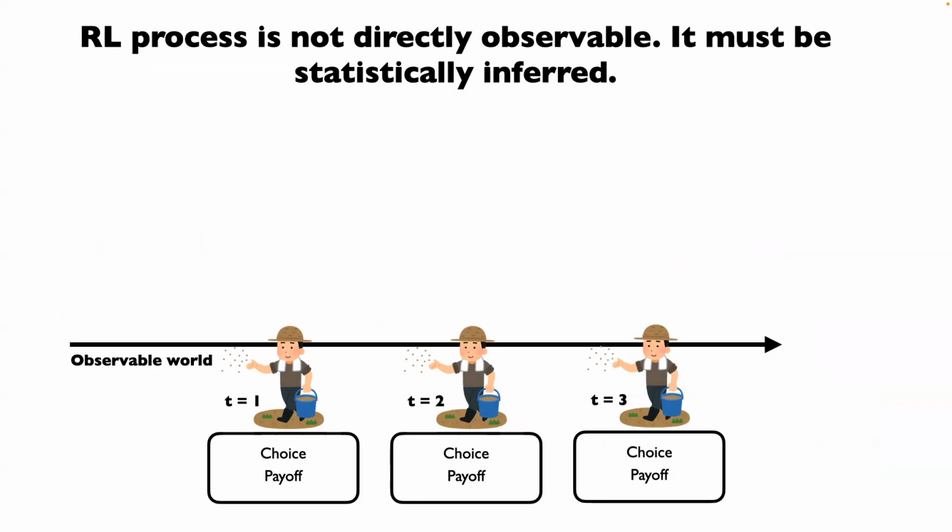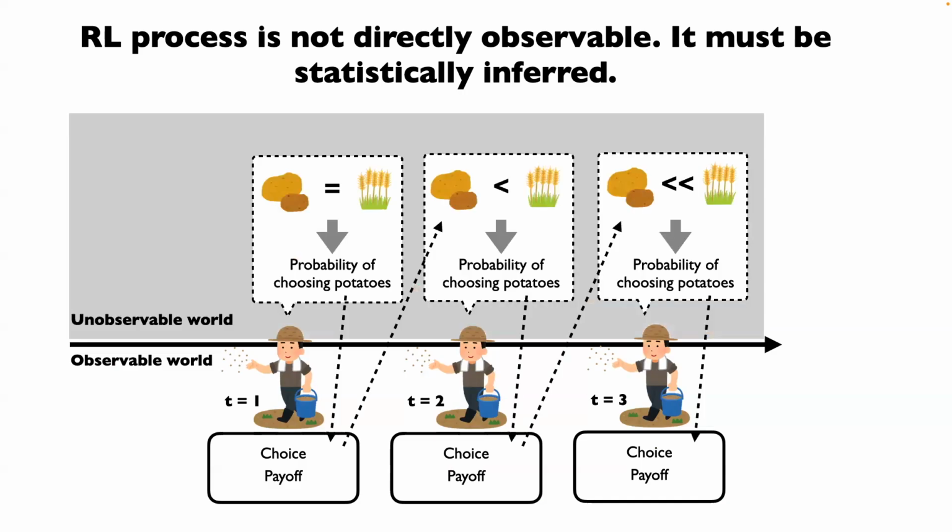We can only observe his outward behavior, and we can probably guess how much he got from some partial evidence like a happy face or sad face. So we can only observe this partial part of the story, which means we can't always observe the full story of what's going on underneath his decision-making process.